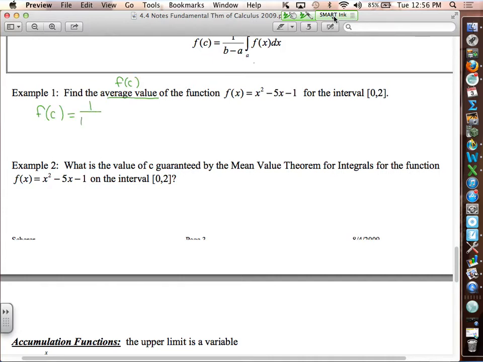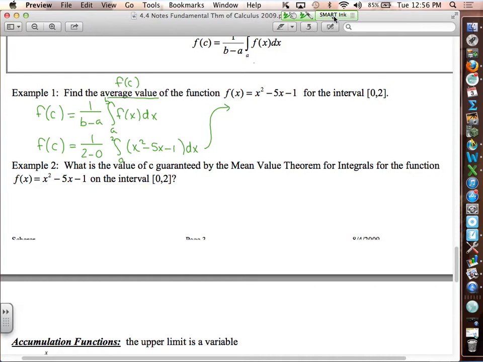So that equals 1 over b minus a times the integral from a to b, f of x dx. So a and b are the endpoints for my integral, so 2 minus 0. I'm integrating from 0 to 2, and then my function was x squared minus 5x minus 1.